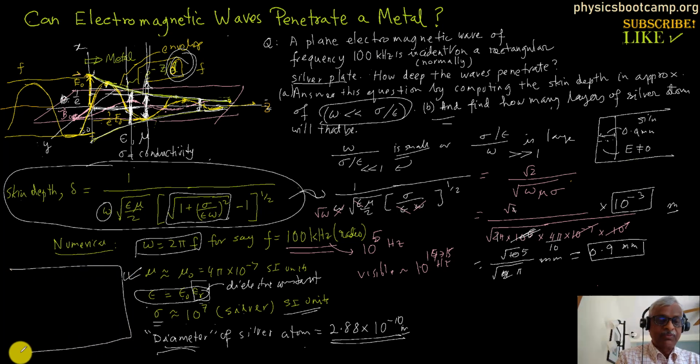So if you have a metal, and you bring a plus charge here, then you will see electric field inside here is 0. Electric field outside is not 0.